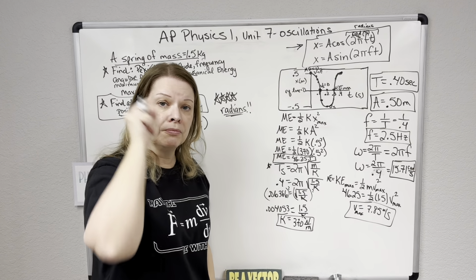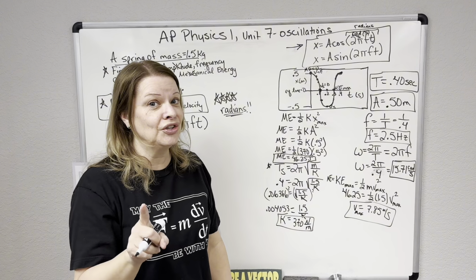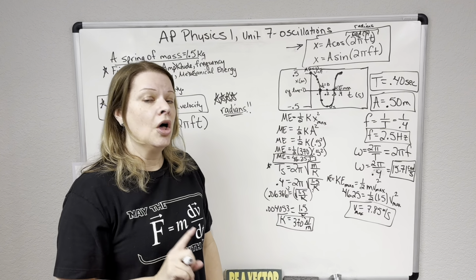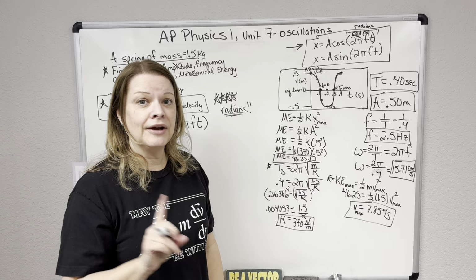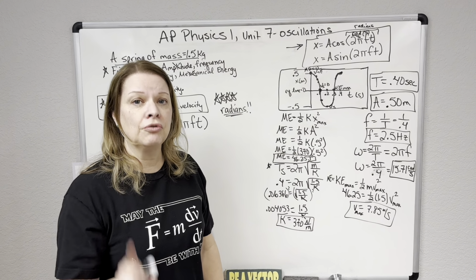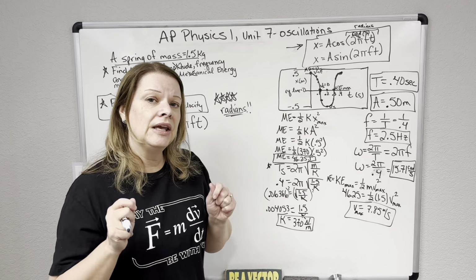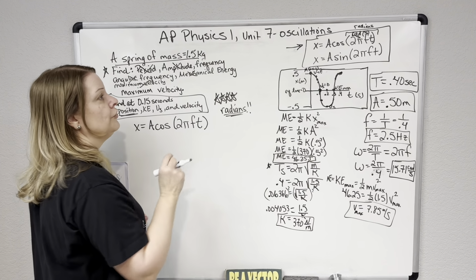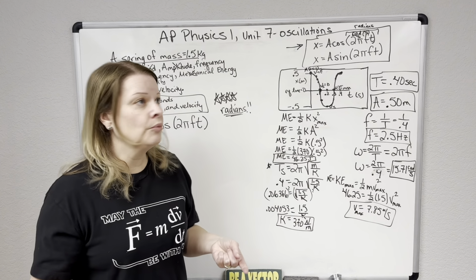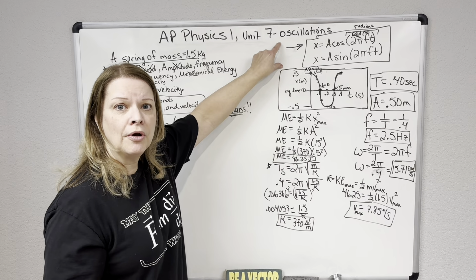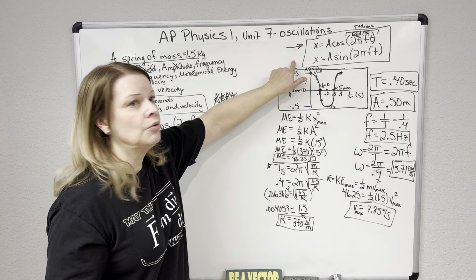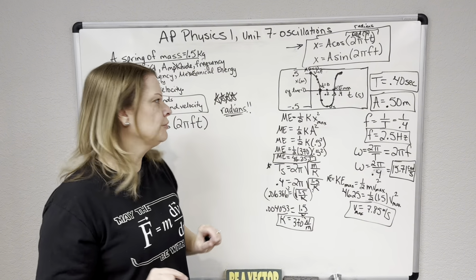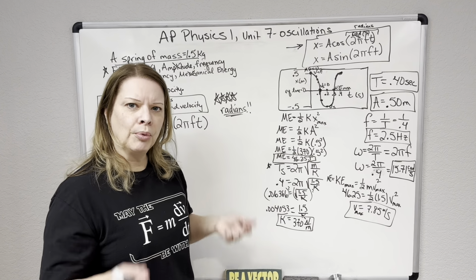You have got to hit your mode on your scientific calculator and switch from degrees to radians. The entire year up to this point, you've been in degrees. So when you are taking the AP exam, you need to be in degrees to start with, but anytime you have a simple harmonic problem and you're using these two equations, you need to stop, change your calculator to radians, and do the problem.